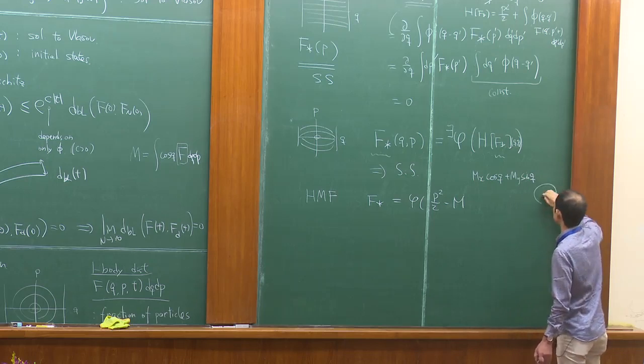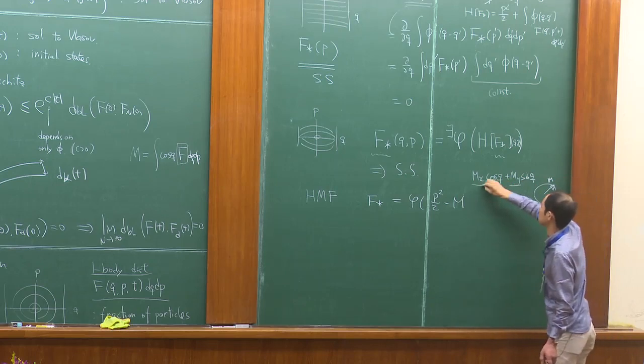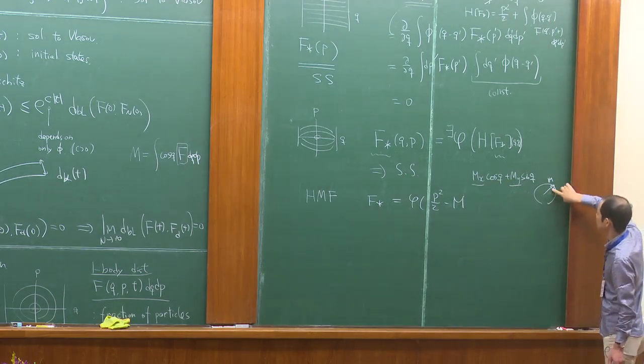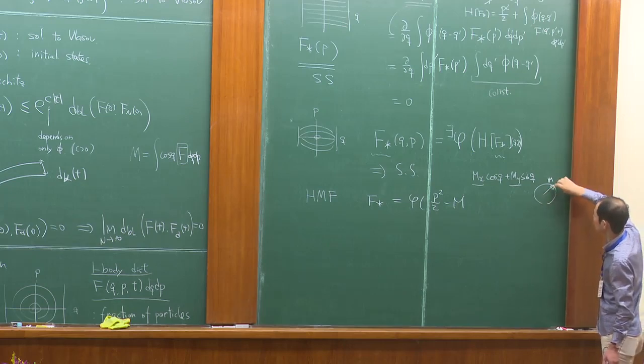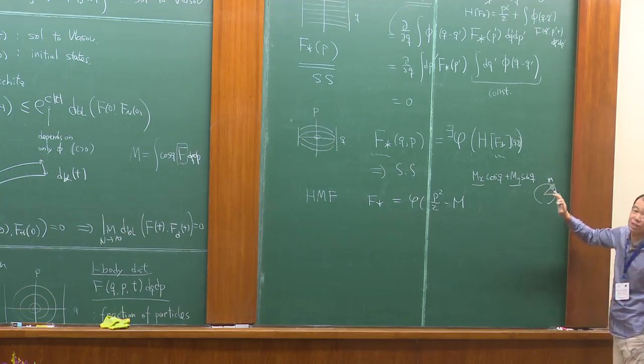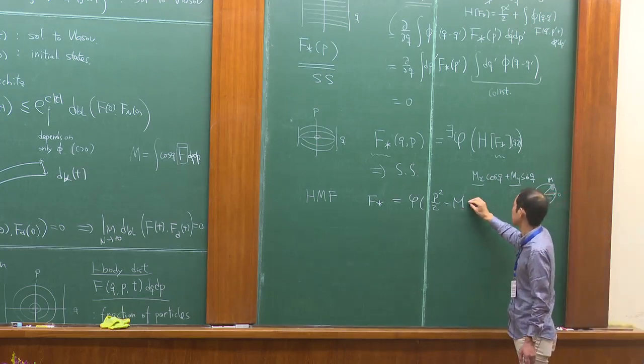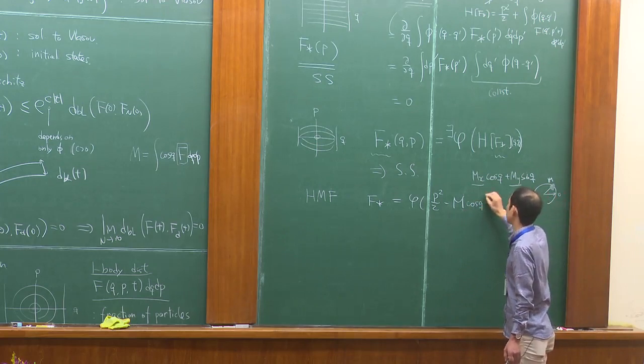So the M vector is constructed from this, and this vector is in this direction, but I moved this order parameter to 0 because of the rotational symmetry of the system. So in that case, just the absolute value is here, and I can eliminate the second part.